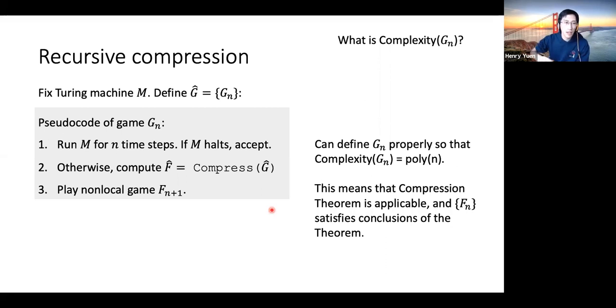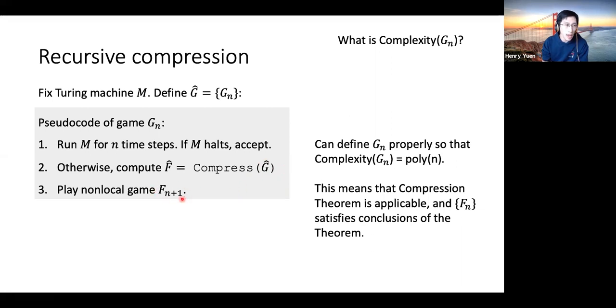The intuition for why it's poly n: the first step takes n steps, because you're running this Turing machine. The second step essentially takes a constant amount of time because this G hat does not depend on n at all. So this is just some constant size object, and this compression procedure only takes a constant amount of time.